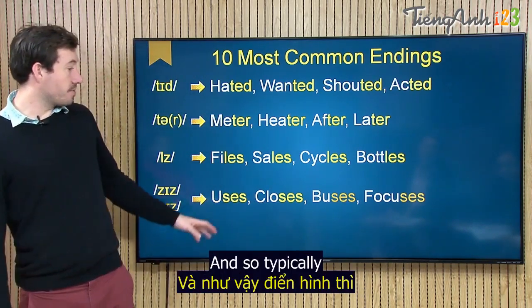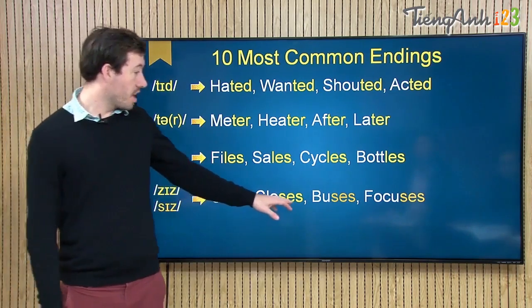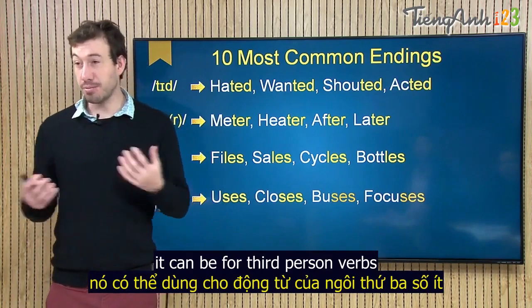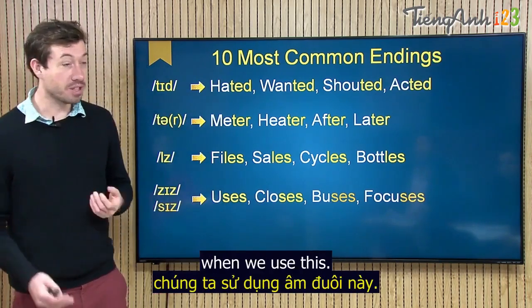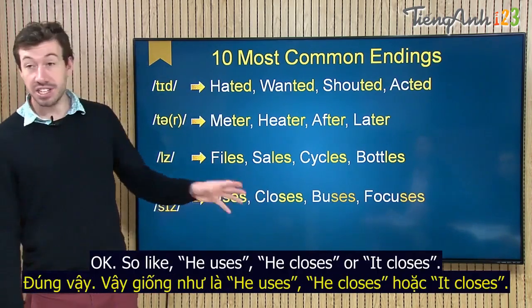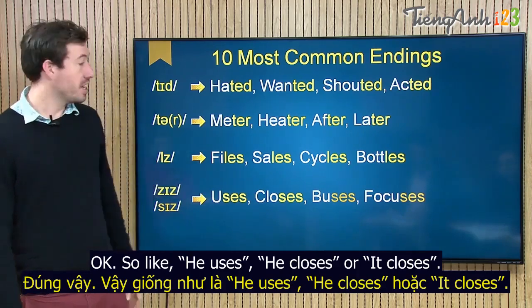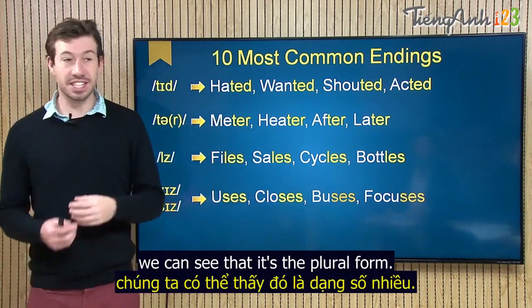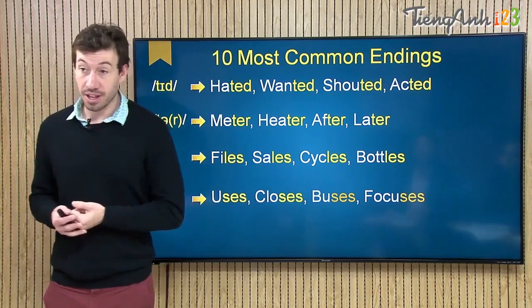Very nice. And so typically it can be for third-person verbs, essentially, a lot of the time when we use this. Like he uses, he closes, or it closes. So for the third person. And again here with buses, we can see that it's a plural form.